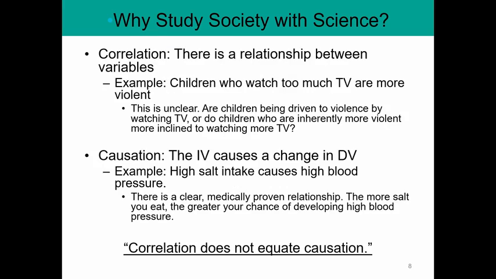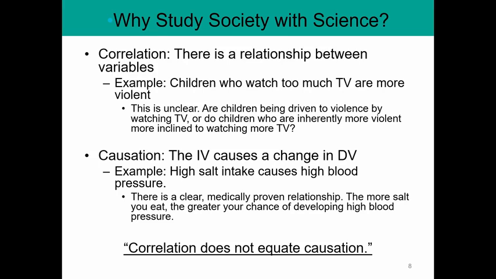But let's talk about correlation and causation a little more specifically, because we may have jumped the gun there in that previous slide. There is a relationship between two variables. That's what correlation means. So we know there's a relationship between the two things, but we don't know what causes what. We can't identify that independent variable and that dependent variable.